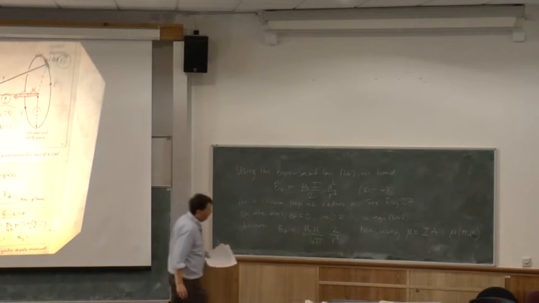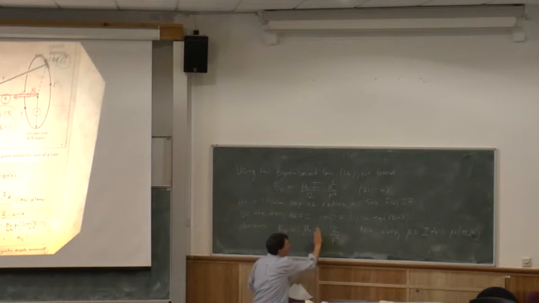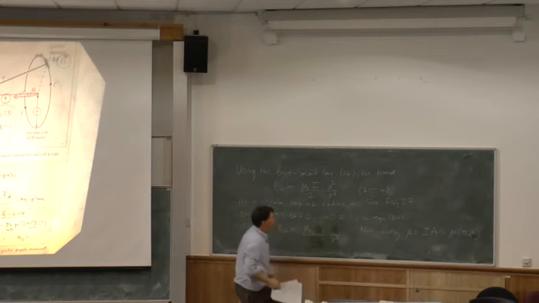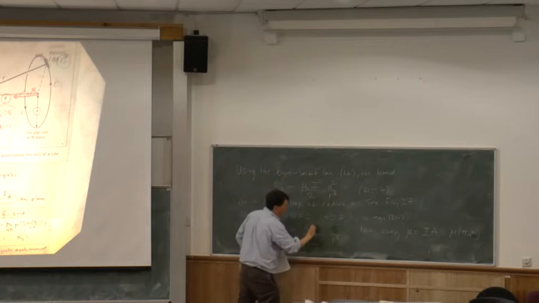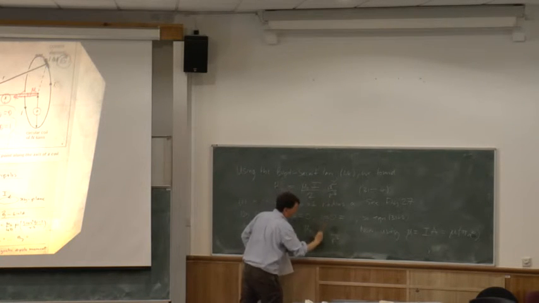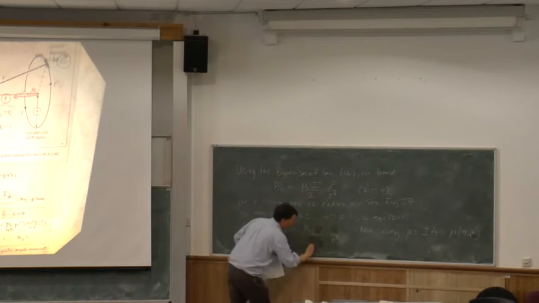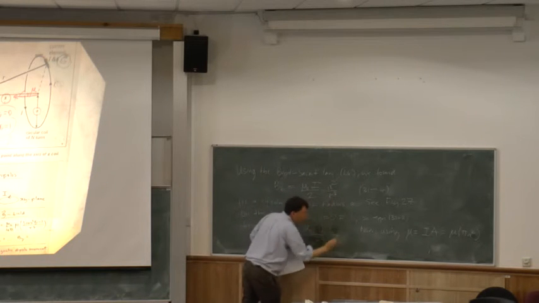So clearly I can replace mu by I times pi a squared. Obviously now this pi cancels with this pi. The 2 here cancels with the 4. And you see precisely I've got mu naught I a squared over 2 r cubed.